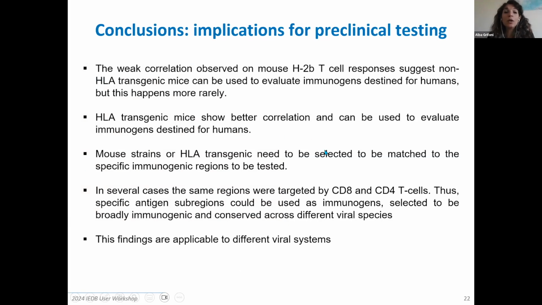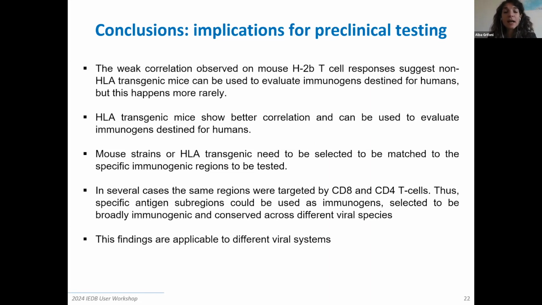So in conclusion, we do see a weak correlation between mouse and human responses, which suggests that H2B mice and, in general, mouse models can be used to evaluate immunogens destined for humans. But given that this is not happening as often, it's very important to factor in which parts of a specific immunogen are potentially recognized in humans, and not necessarily use animal models to select which fractions are the most relevant.